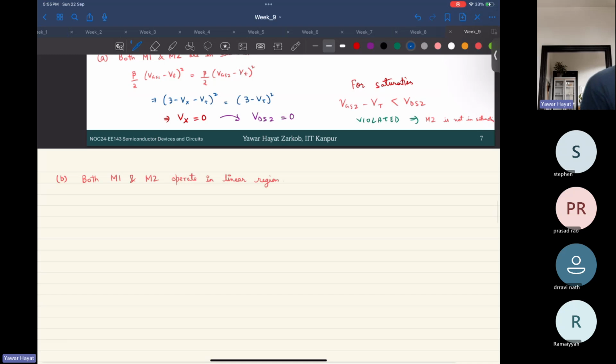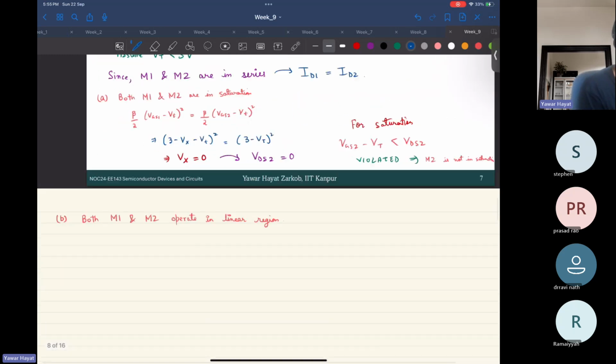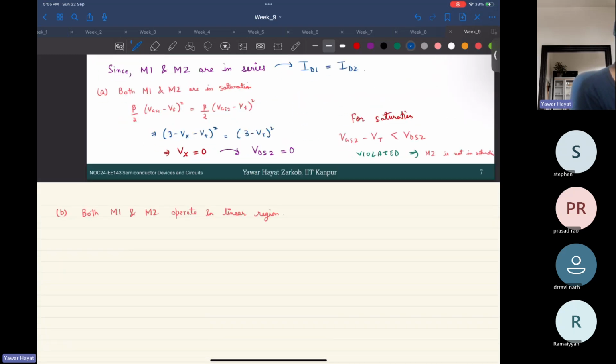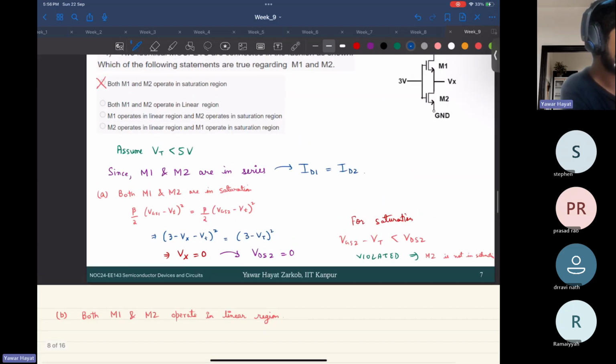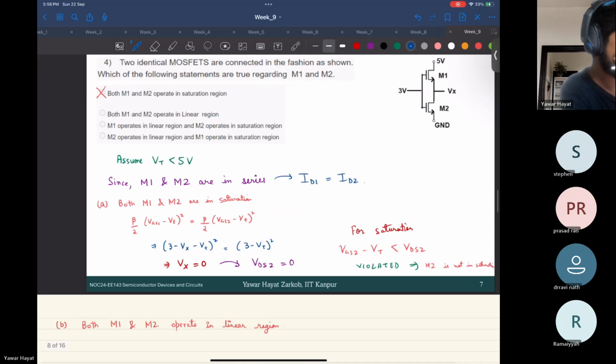Now, if that is the case, which equation should I use? Or do I need to use an equation at all? What can you comment on M1? Is it in saturation?